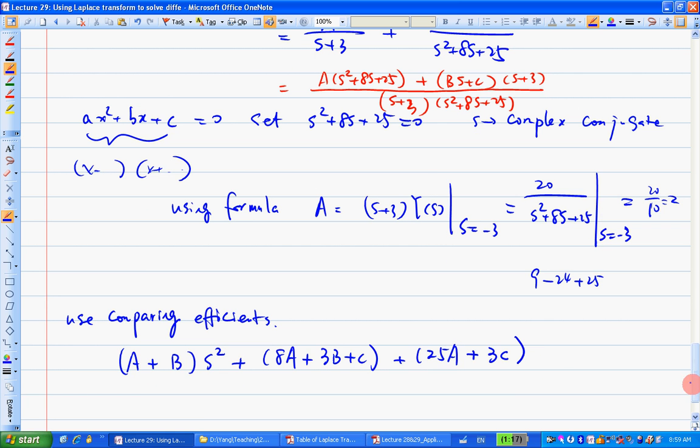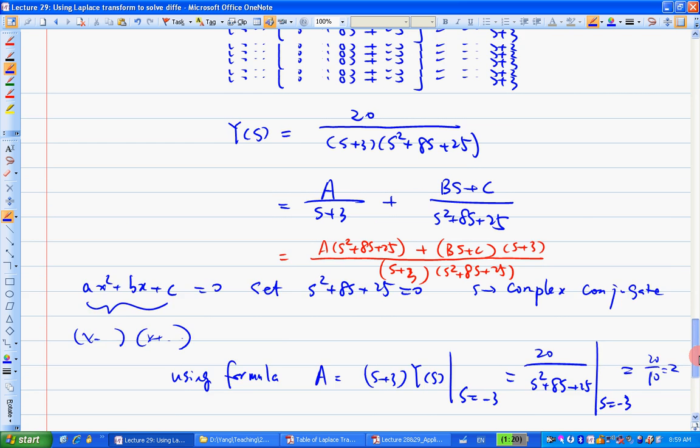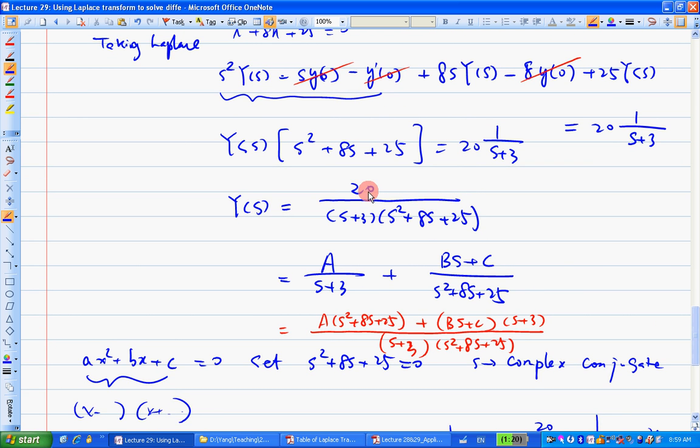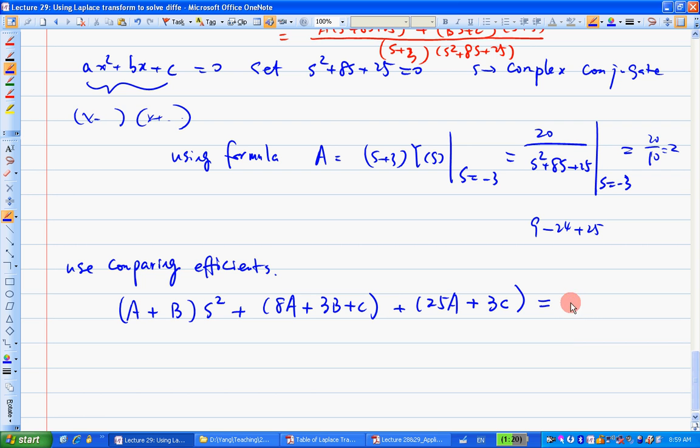So this is the numerator after this decomposition here, and this numerator should be the same as the previous numerator. What is the previous numerator? 20, right? So that should be the same as 20. Basically it's 0S squared plus 0S plus 20.